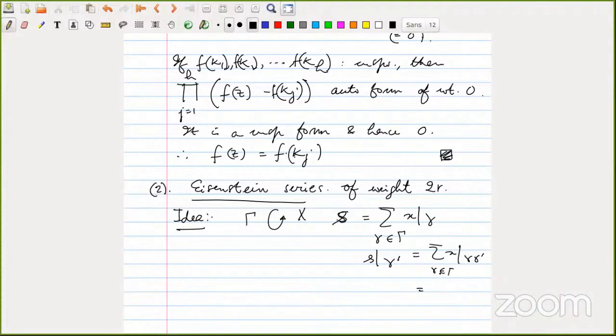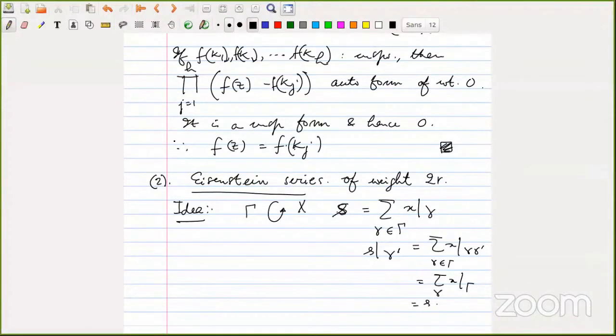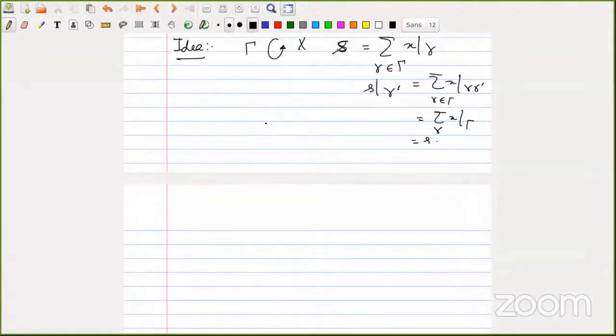But as gamma runs over all of gamma, gamma gamma prime also runs over all the elements of gamma itself. Then I get back s. So this is why it's elementary to look at Eisenstein series, and the way we construct it is we are going to use the slashing operator.